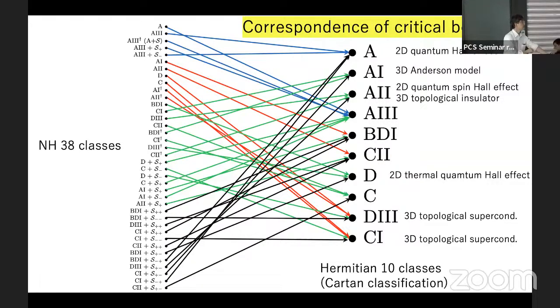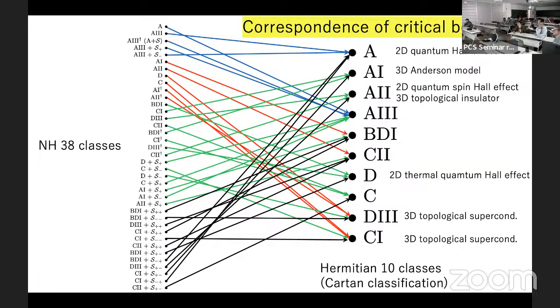What is the meaning of the color? Oh, yes. These blue lines have less symmetry. So there isn't any symmetry here except sublattice symmetry, the blue line. And these have a single symmetry, time reversal symmetry. And here we have 2 symmetries, and we have 3 symmetries there.